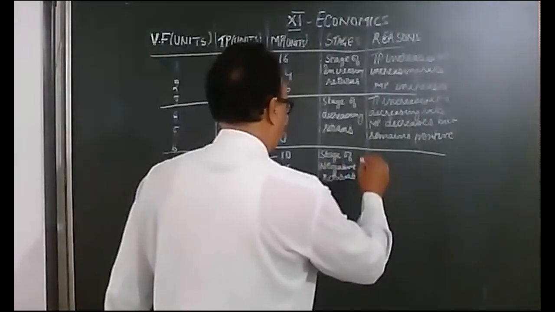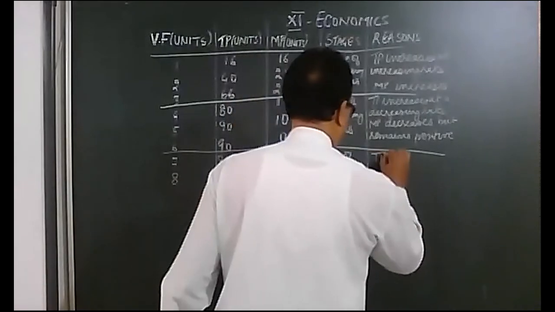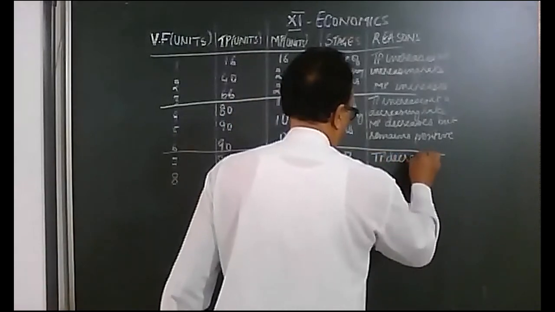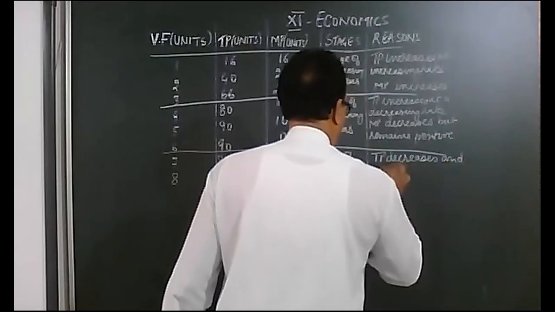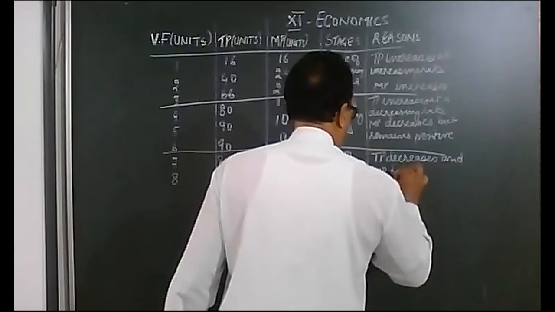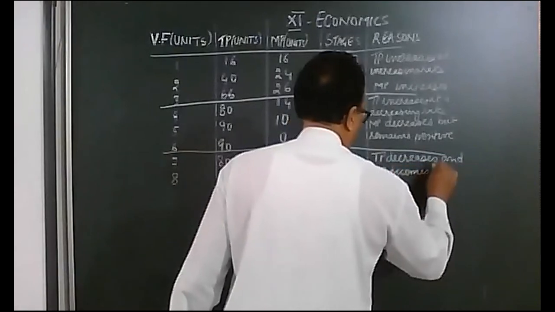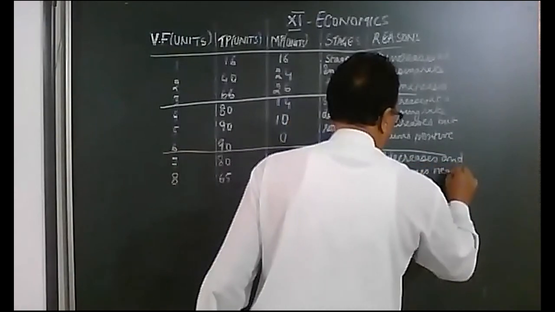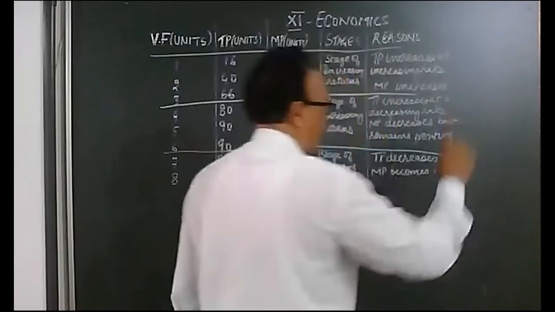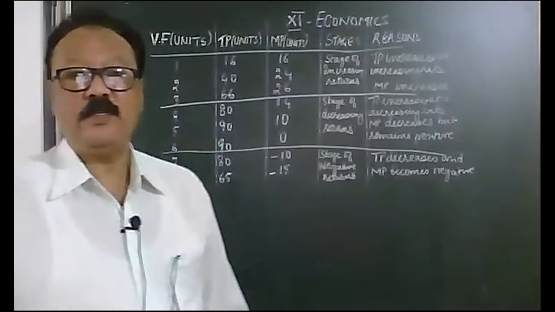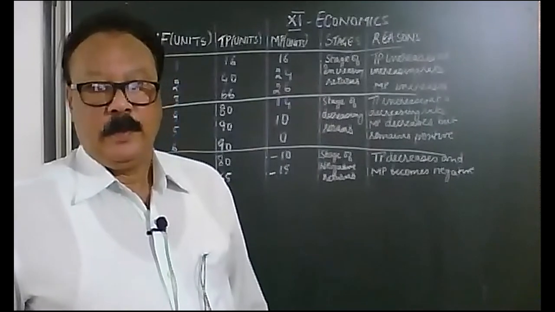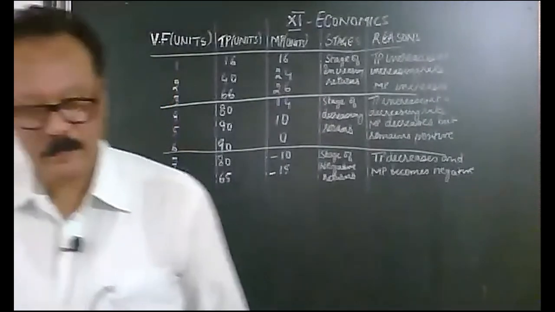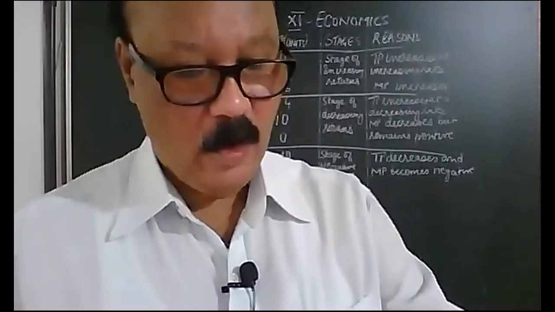TP decreases and MP becomes negative. Copy that down.